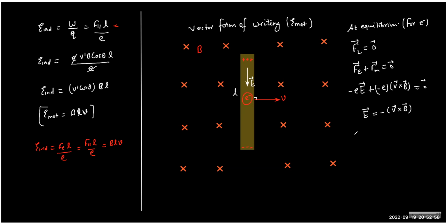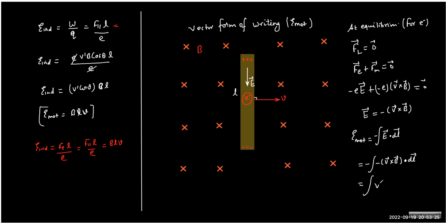And that is why for the induced EMF, we can go by the definition of potential. So the motional EMF is by definition minus E dot dl, if you remember the formula from electrostatics. Yes. But E itself is minus V cross B, dot dl.